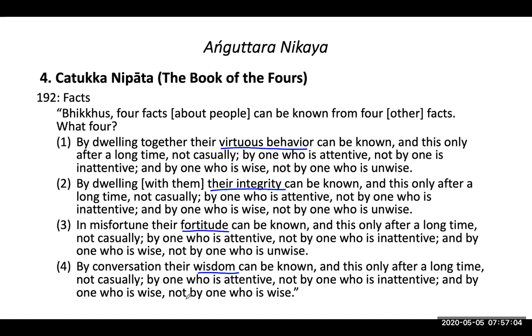Also, someone's wisdom can be judged by a wise and intelligent person when conversing with him on various subjects over a long period of time. So there are four ways by which a person's character may be evaluated. When you want to know unknown people, you might apply these four kinds of methods to figure out a person's character.